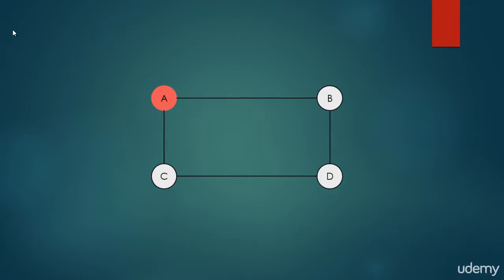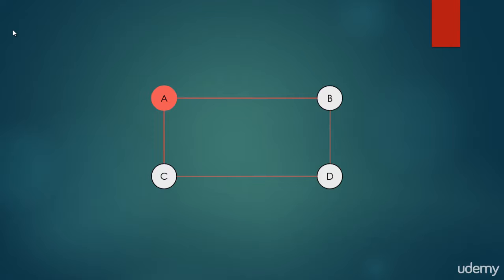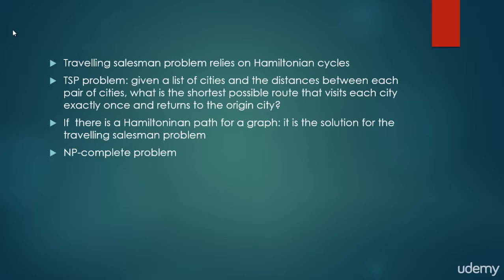So the starting vertex is A, we go to B, we go to D, we go to C, and we go back to A. And we can easily construct graphs where we cannot do it so easily. So there are situations where we are not able to form Hamiltonian cycles. So why is it important?